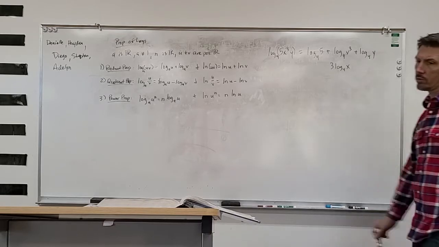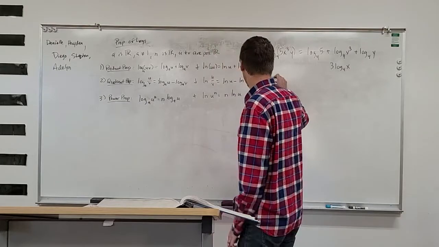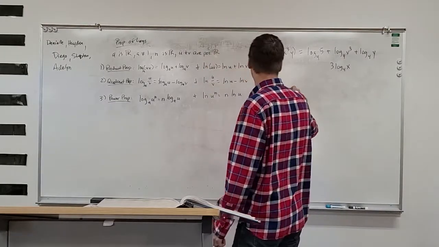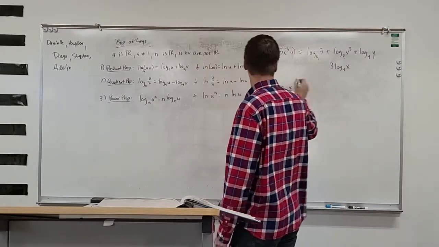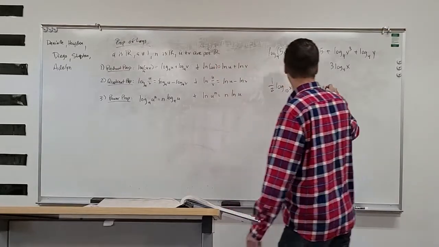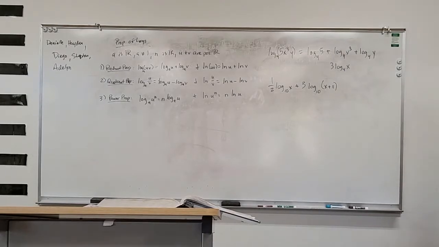And they may give you some where you do like the reverse of that. So what if we had something like this? 1/2 log base 10 of x plus 3 log base 10 of x plus 1. Right, if we look at something like that, well, we know with those numbers in the front that we can turn those into powers, right?